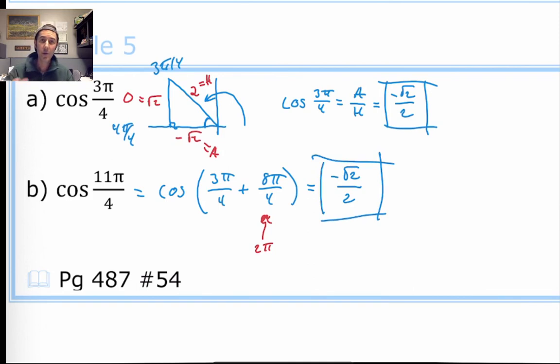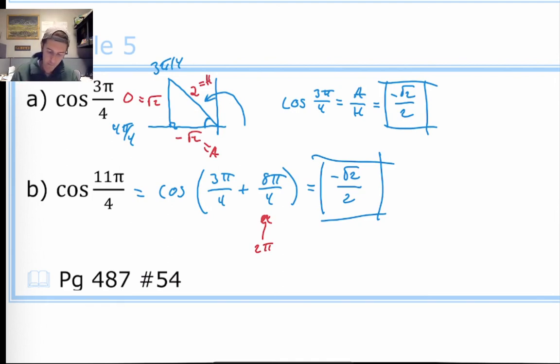Also realize that if you rotate, I hate that this is mirrored, I need to change that. There you go. If you start out aiming at 0 and you rotate up to 3 pi over 4, and then you rotate another 2 pi, you're rotating another full rotation. You're just going all the way around, back up to the middle of that second quadrant again.